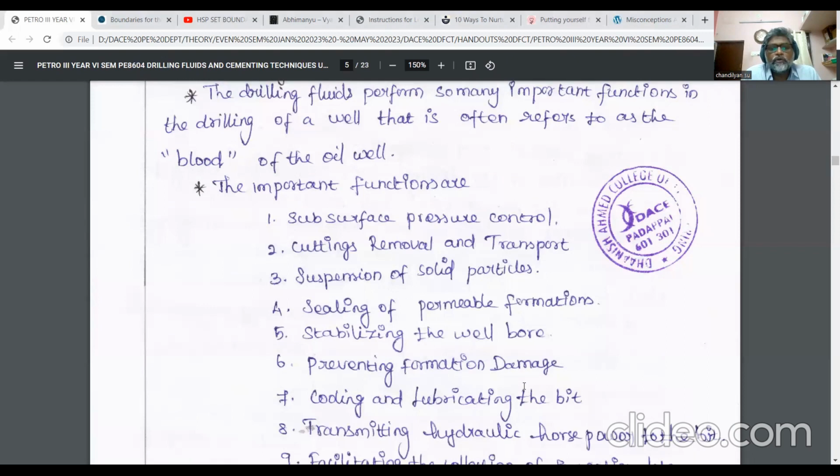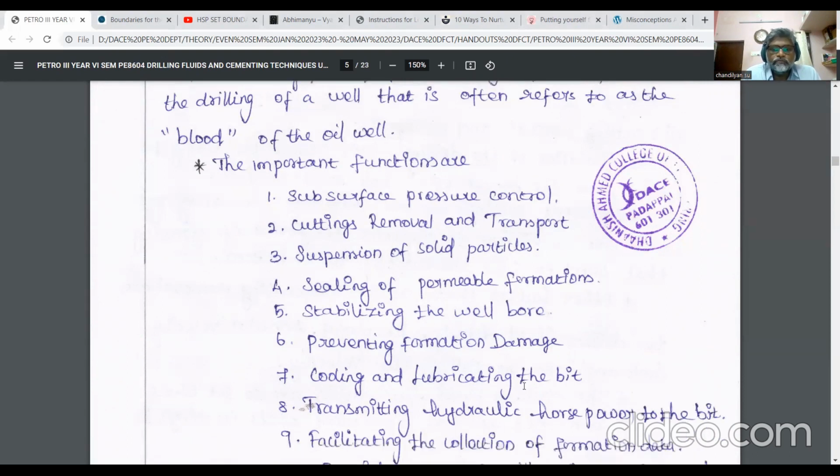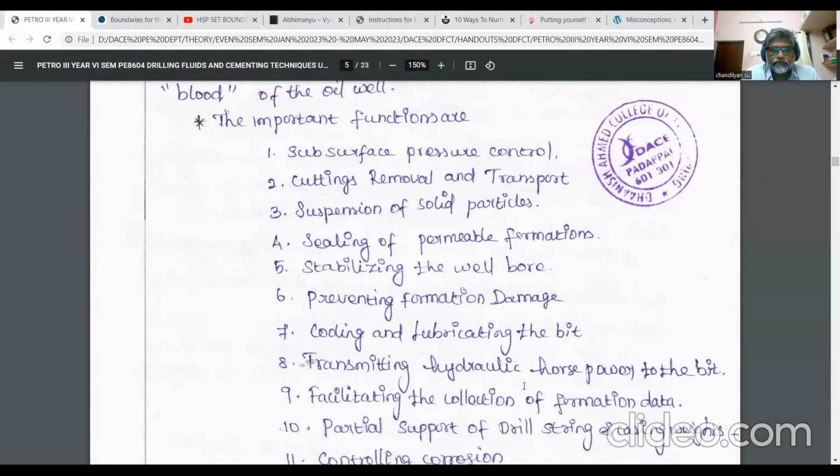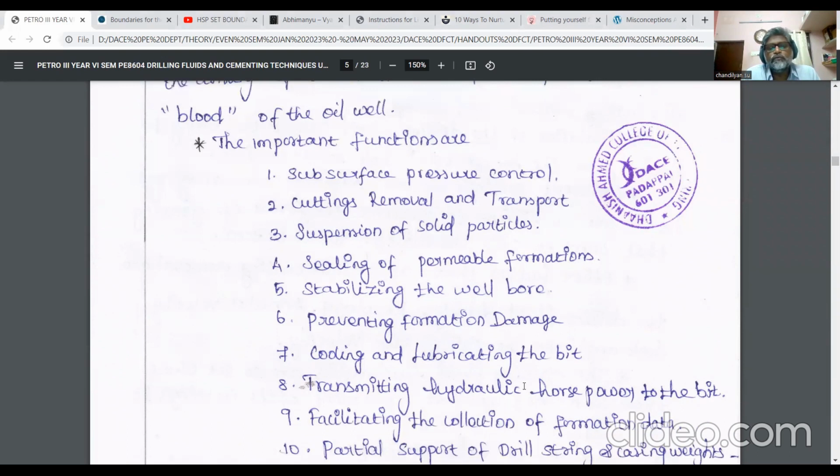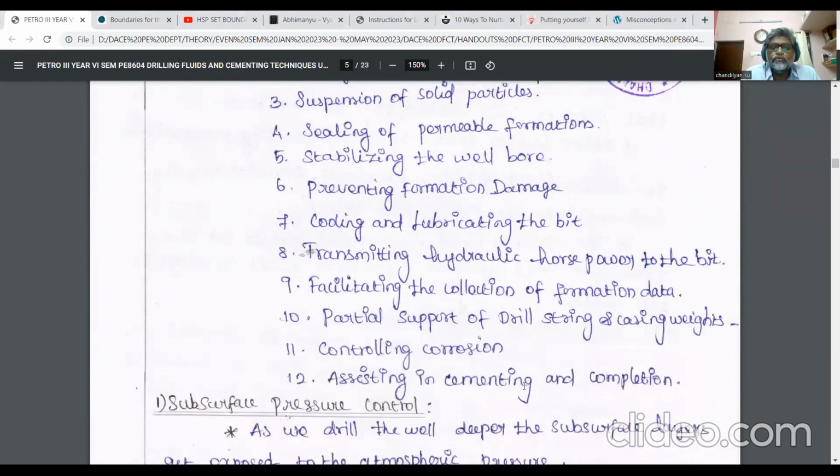Maybe a max of 4 or 6 important functions will fetch you 2 marks. That's enough because all the 6 or all the 4 mandate for drilling fluid functions are made in such a way it's highly technical and keyworded. So that suffices for getting full 2 marks.